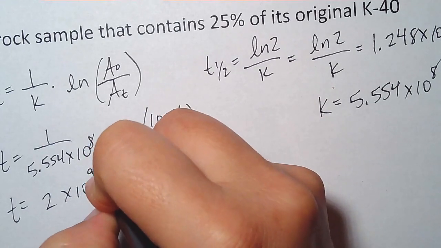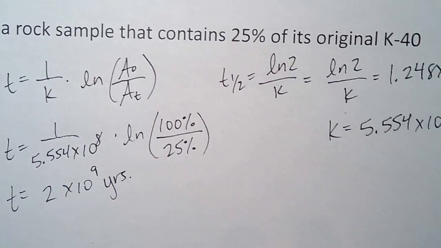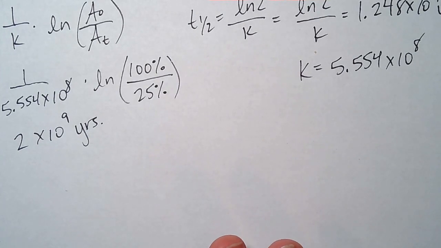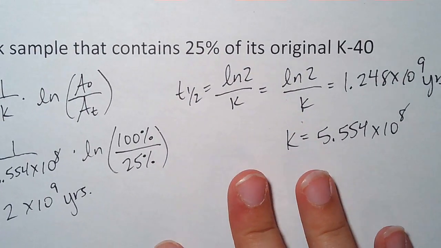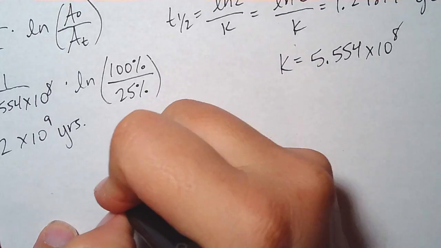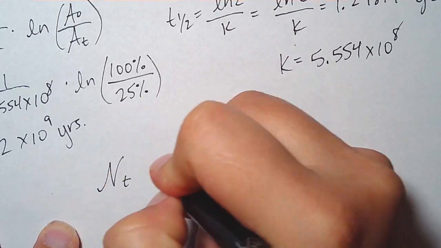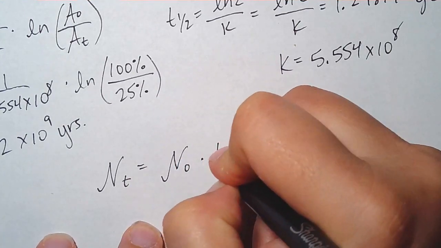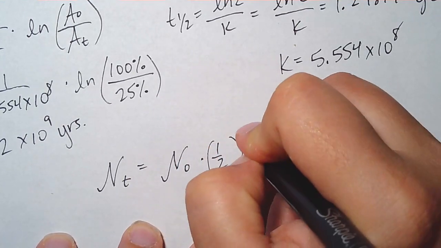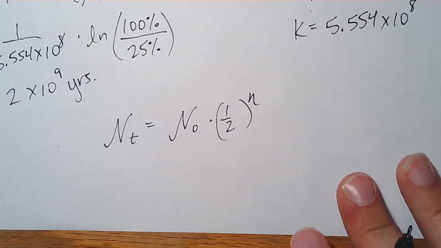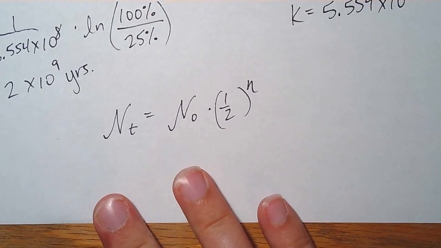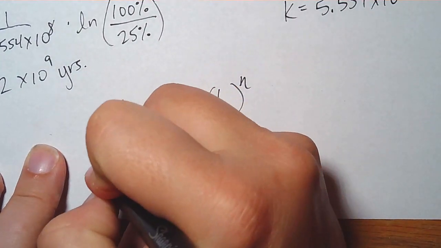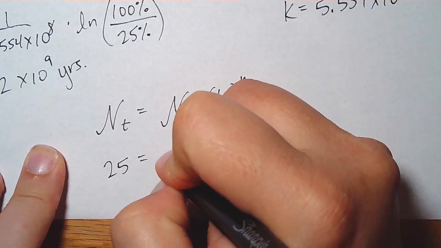Another way to do this one is going back to our other calculation where we had Nt is equal to N0 times 1/2 to the n. So if you remember that equation, we have 25% left. We started with 100 times 1/2 to the n.